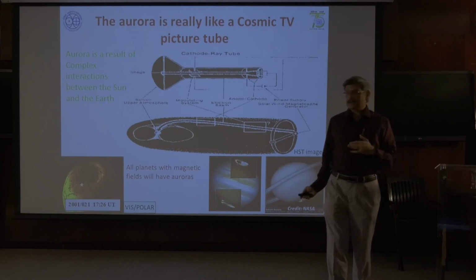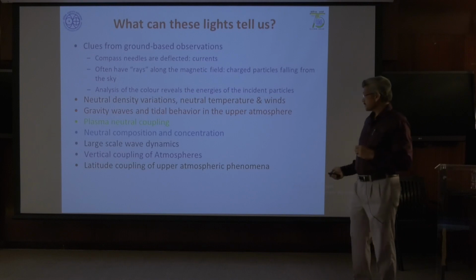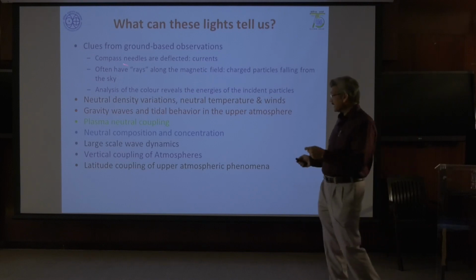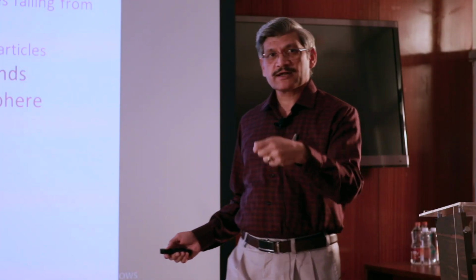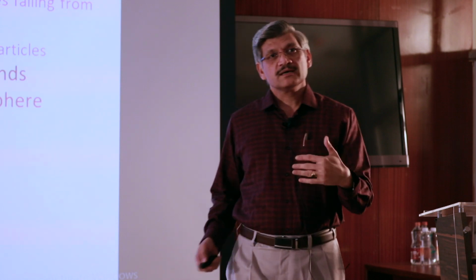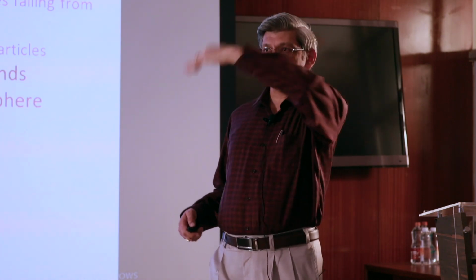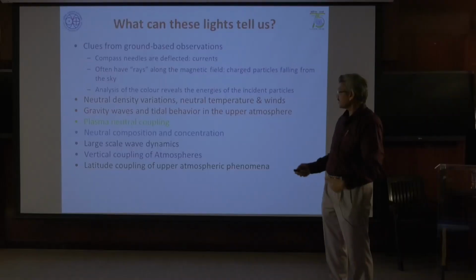So just looking at these lights, we can study various things. What can these lights tell us? If you are in high latitude, the compass needle on the ground gets deflected when this aurora is happening. That's how we discovered that these are not just lights, but there are currents associated with them, because of which there is an induced magnetic field on the ground.